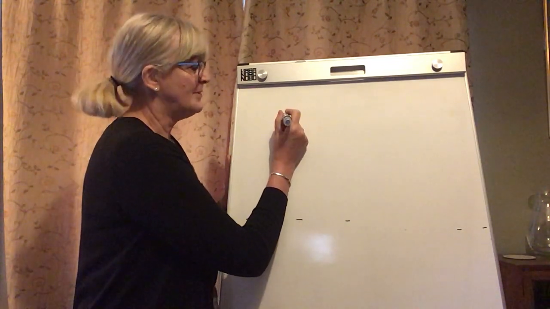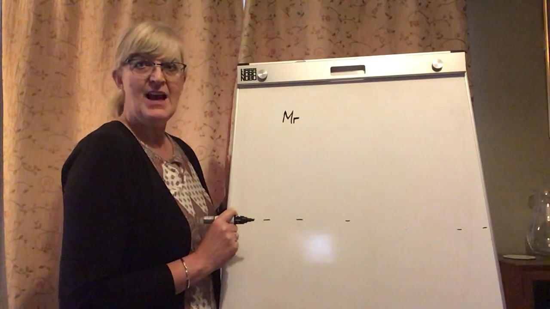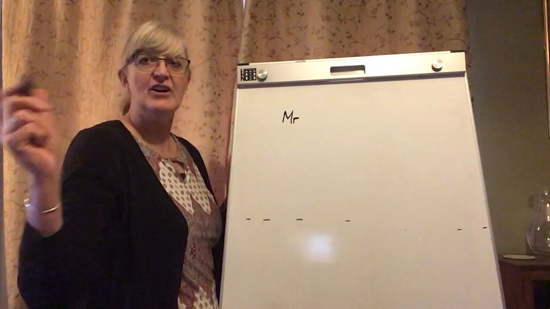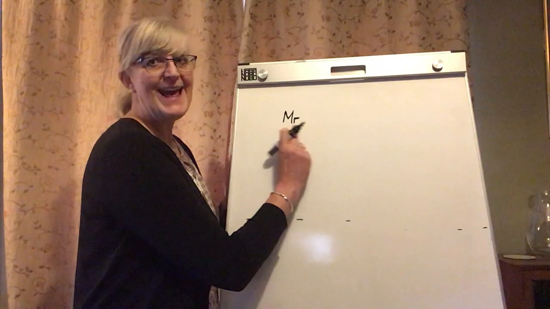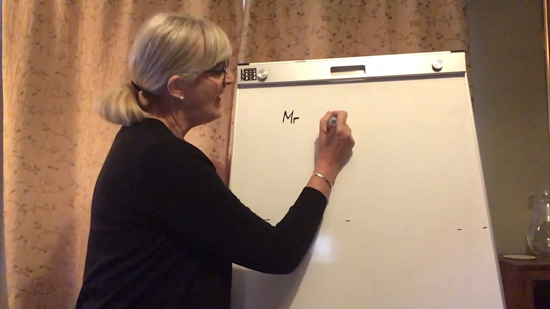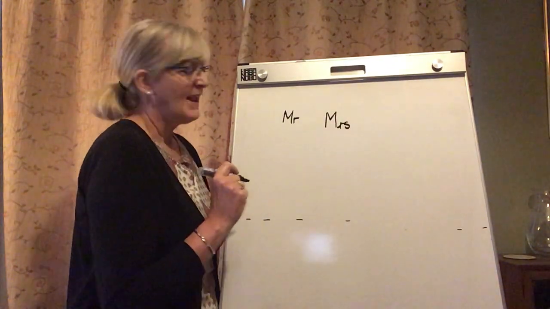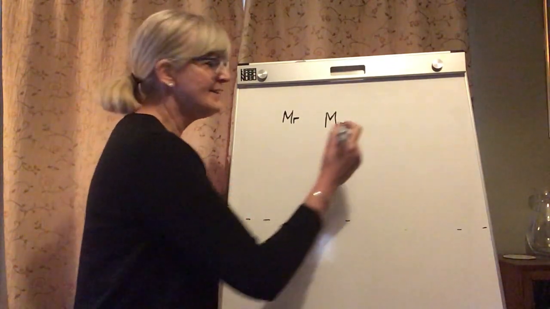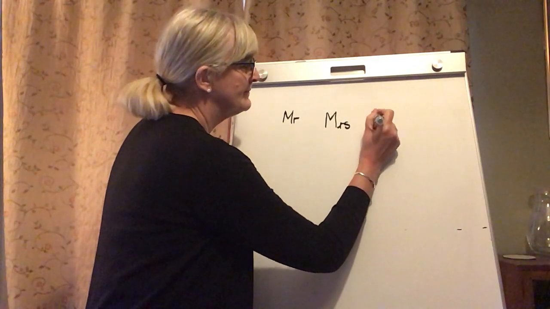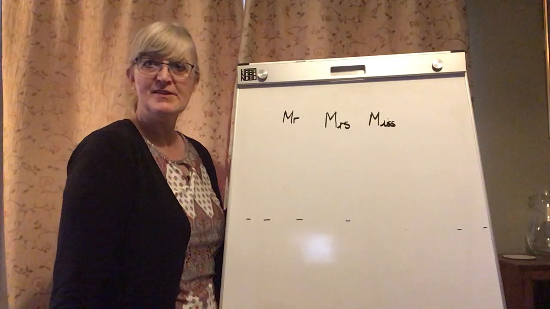So it's either going to be Mr., if it's a man, and we don't write it out in full. This is a shortening that everybody understands. This is Mr. and this is Mrs. Or it could be Miss. So you have to know the person's name.